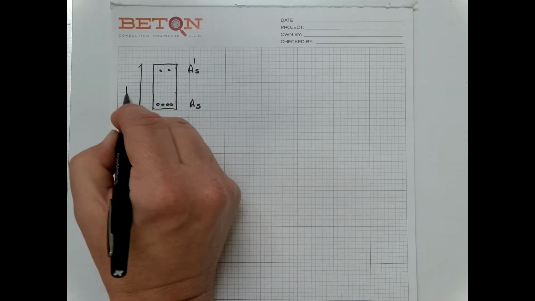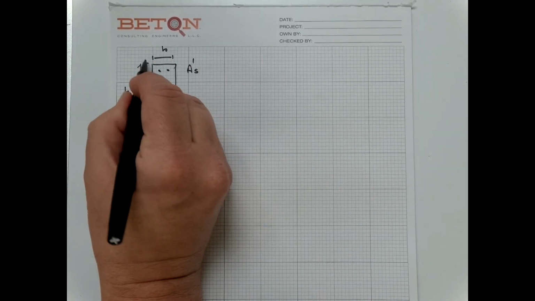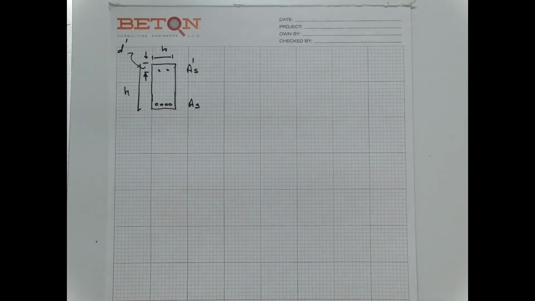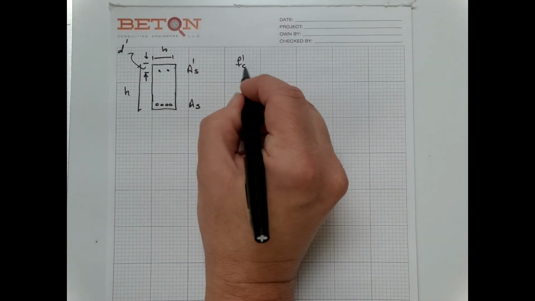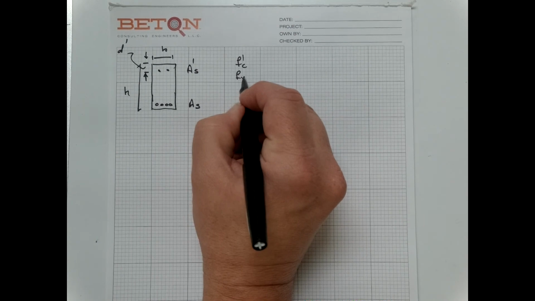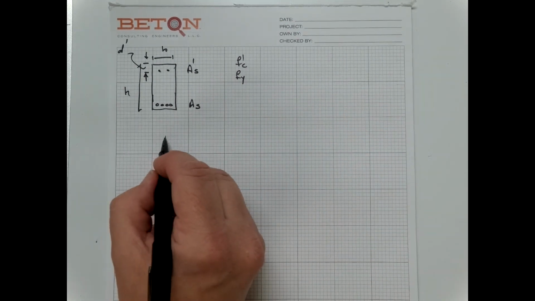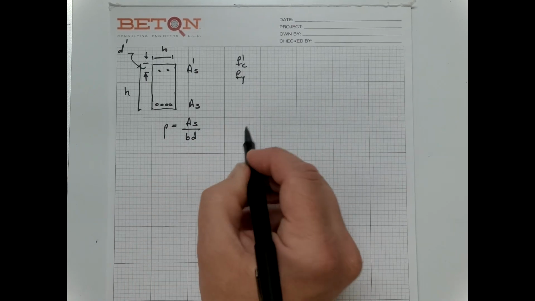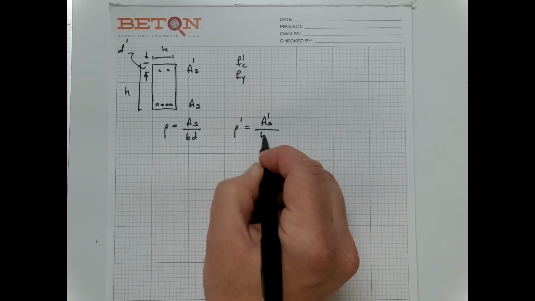It has a depth H. It has a width B. The depth to the compression reinforcing steel at the top is D prime. We know the concrete is F prime c. The steel is F sub y. We have to check two things. First is that rho is equal to A S over B D. The second, rho prime, is equal to A prime S over B D.